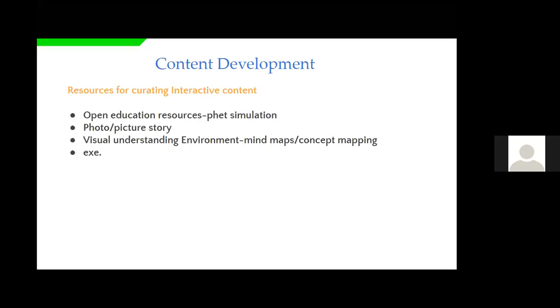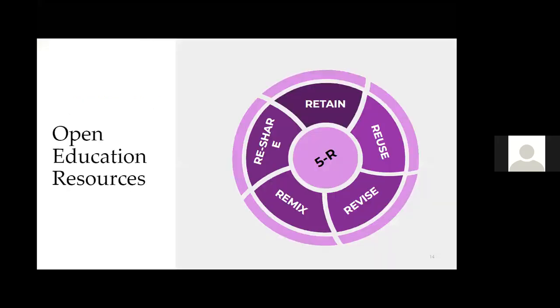So the first resource that we looked at was the open education resource. Open education resources, in this case, we said the OERs are what we can call openly licensed text, media, and other digital assets that are useful for teaching, learning, and assessing, as well as for research purposes.